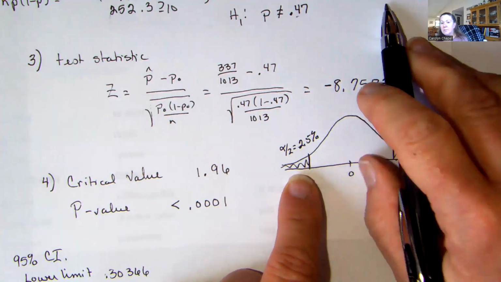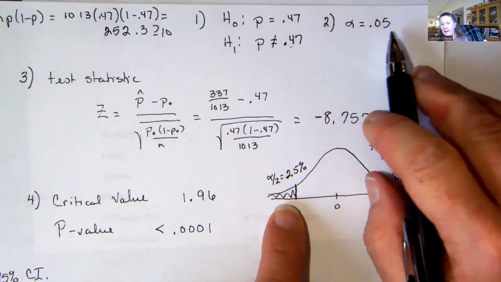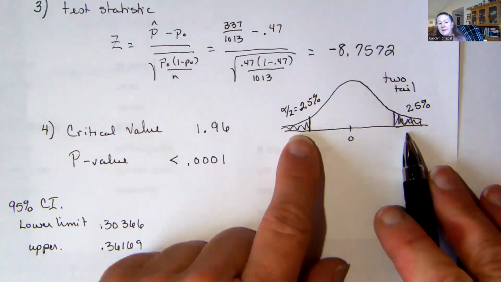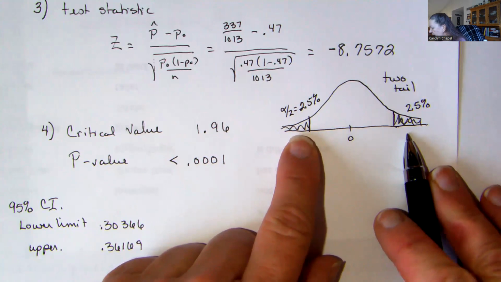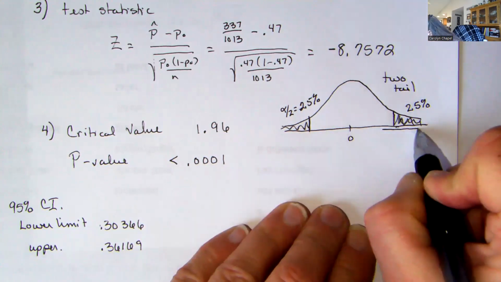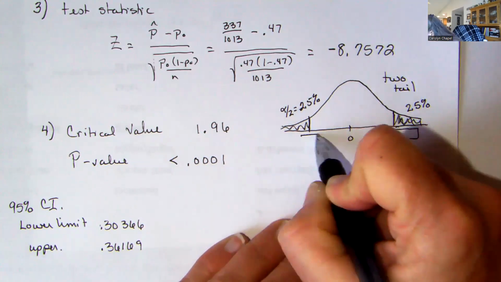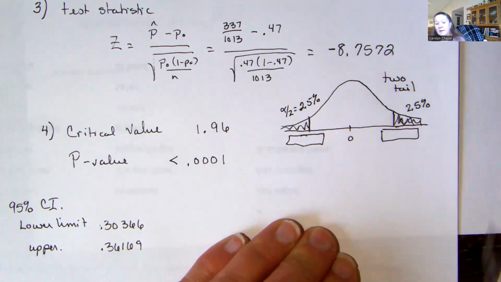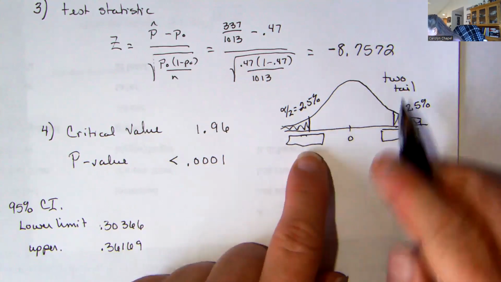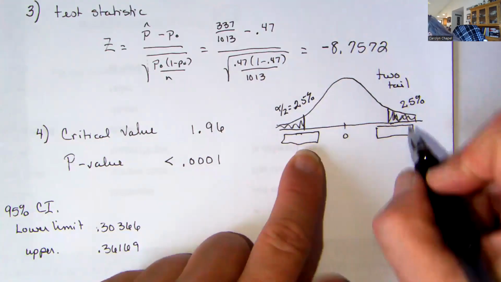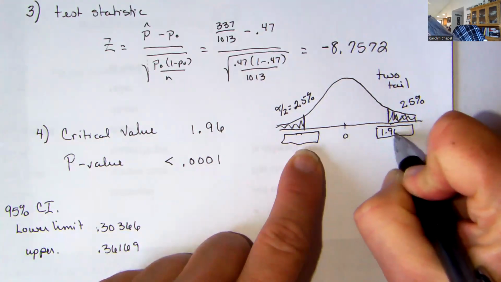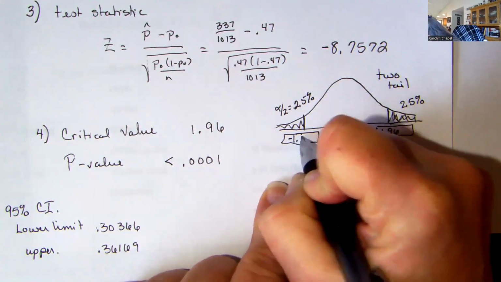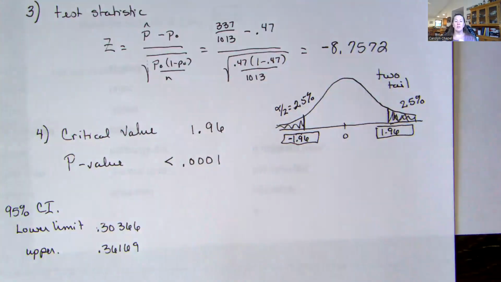Our alpha was 0.05 or 5%. We're going to split it in half. And we would be looking for our critical values that coincide to that alpha level. And so we'd have that 1.96, and we also have a negative 1.96 to allow us to go either direction.